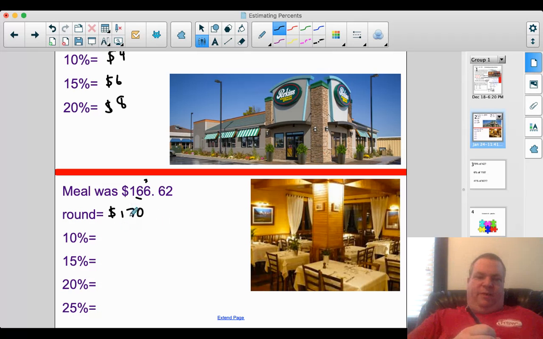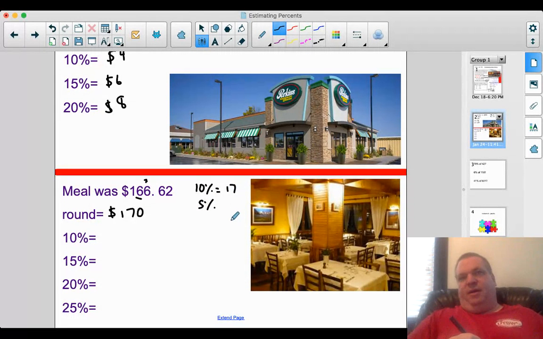All right, now if I want to find 10%, I can see I'm going to need to know what 10% and 5% are because I'm doing 15% and 25%. So let's find those right away. So 10% of 170 is just dropping the 0. It's just 17. 5% is going to be half of that.